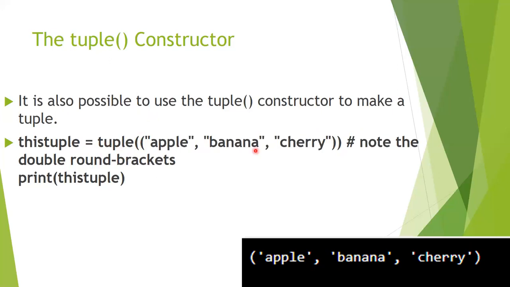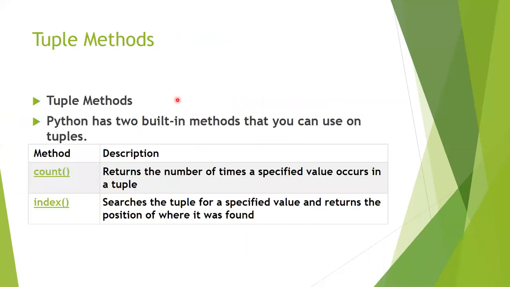In this tuple we can write the members apple, banana and cherry, and if we print this tuple, then we get output as apple, banana and cherry.